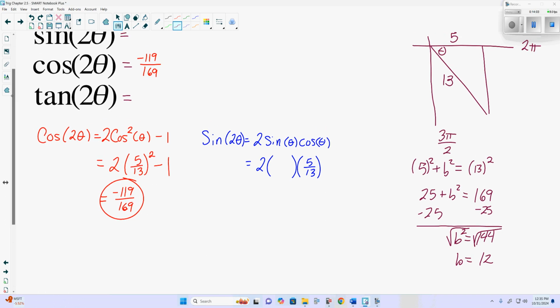And since we're in the fourth quadrant, our y value is actually negative because we're in the negative quadrant. Questions on this here? So that tells us sine is opposite, so the opposite side would be our negative 12 over 13.